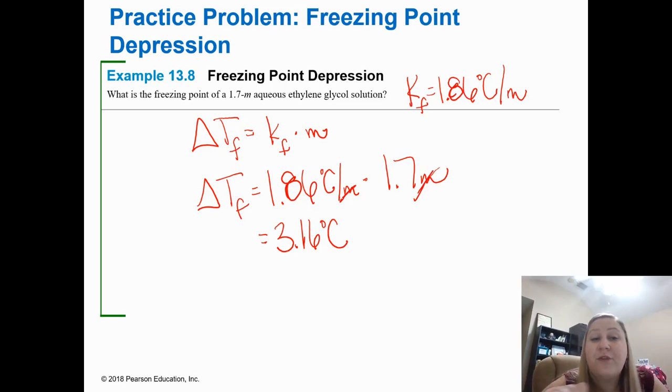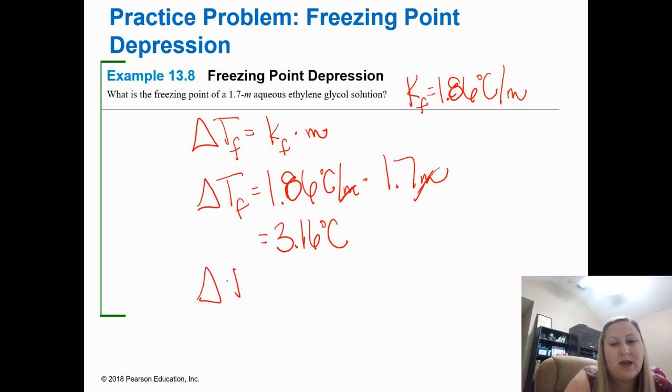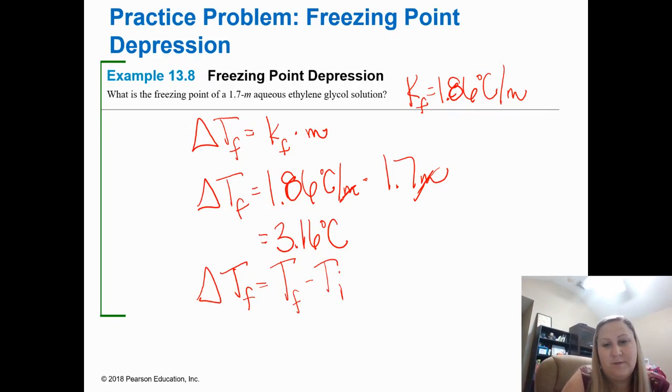So the freezing point is not 3.16. Remember, delta T is equal to final minus initial. Our initial is 0 because we're talking water, which means that the freezing point is actually going to be negative 3.16 degrees.